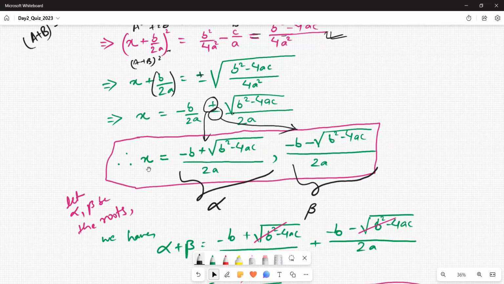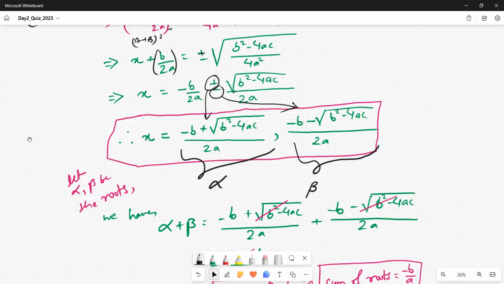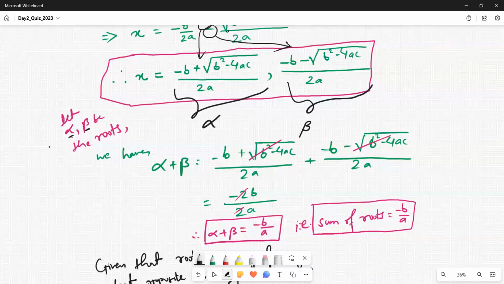So these are the two values of x, or in this polynomial form we say the roots of this quadratic equation, right? So suppose these roots are alpha and beta. Let alpha and beta be the roots. One value we can call alpha, another value we can call beta. So when we sum them, what will it be? Sum of roots, because alpha and beta are roots. So we are summing this whole term and this whole term.